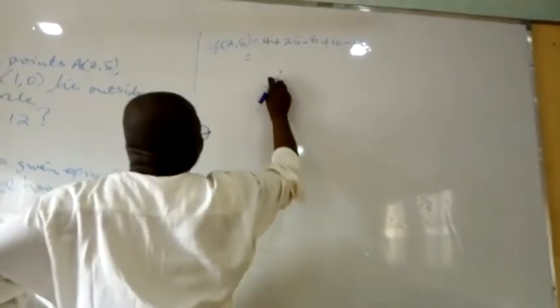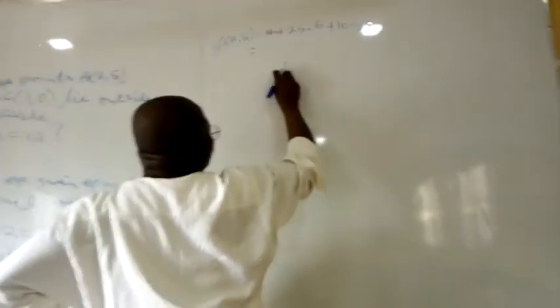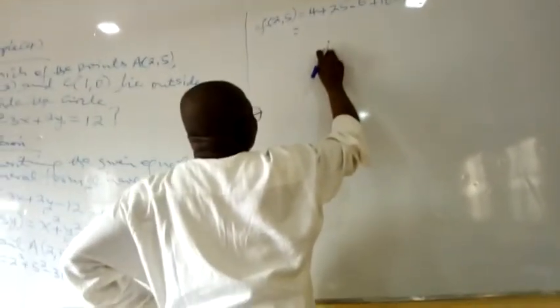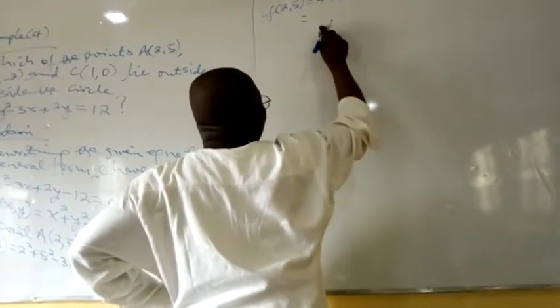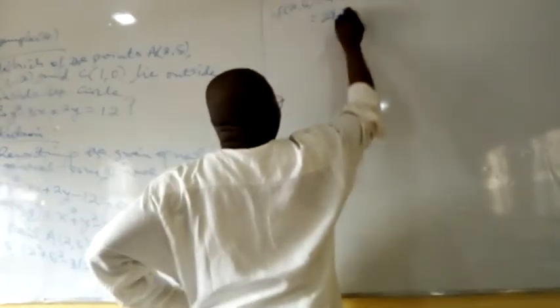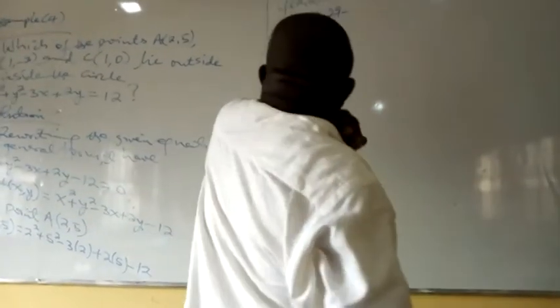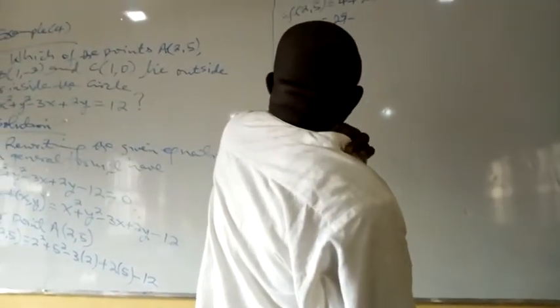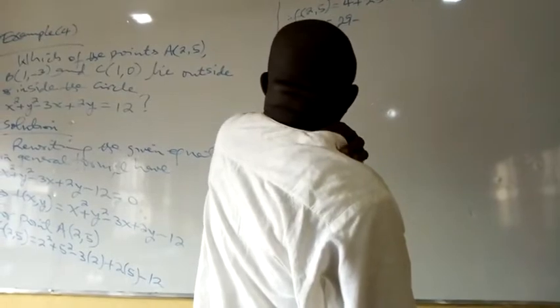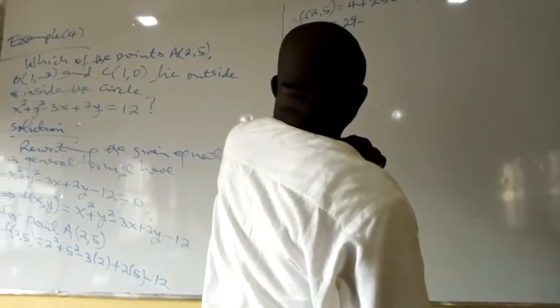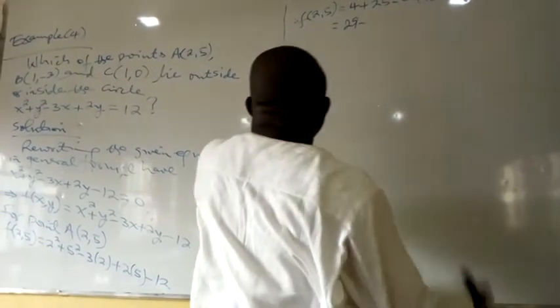So 4 plus 25 is 29, minus 6 plus 10 is plus 4, and plus 4 minus 12 is minus 8.